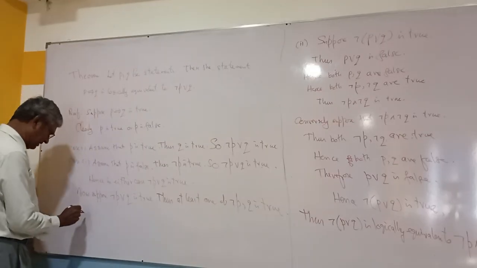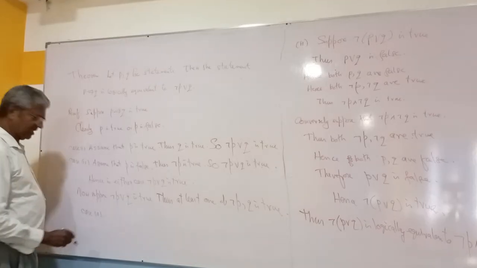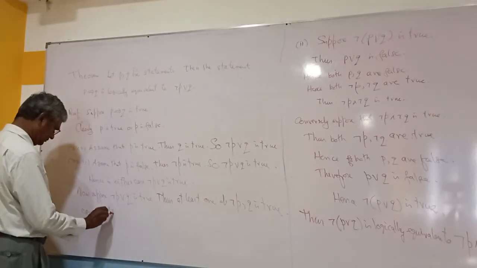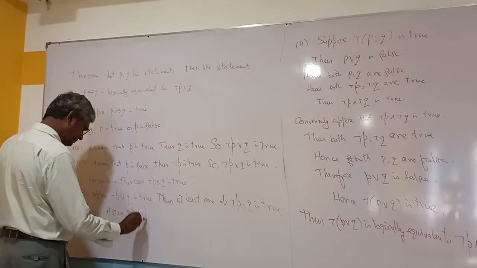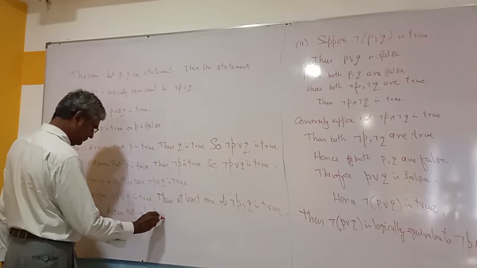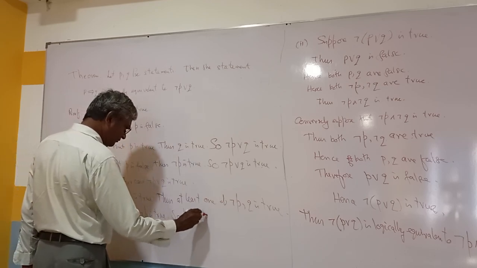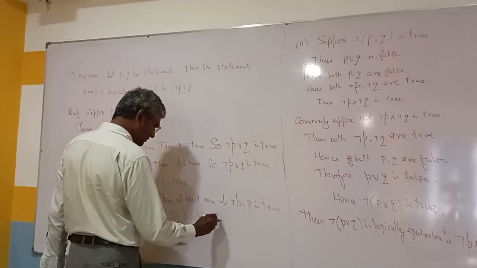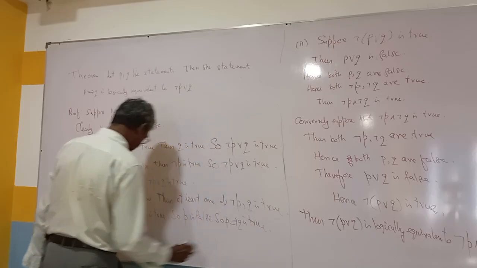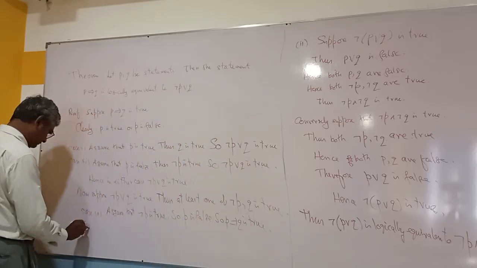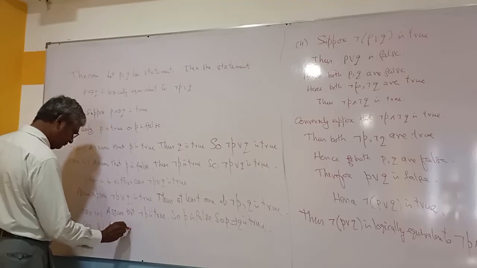So here since I have 1 and 2, I will say here case A. Assume that not P is true. So P is false, right? So P or Q is true, right? Case B. Now assume that Q is true.